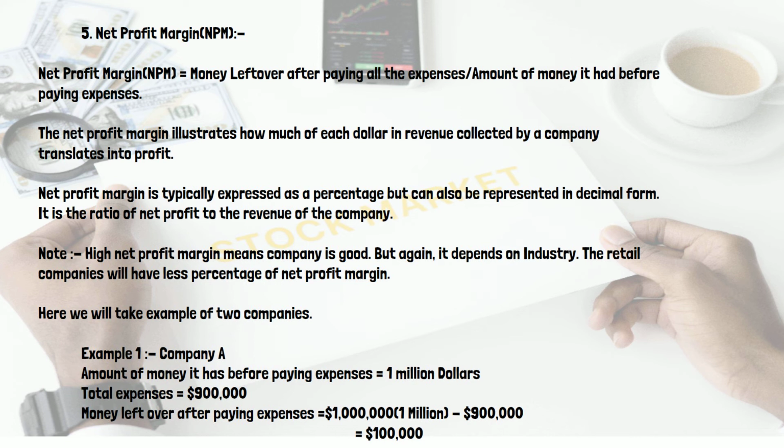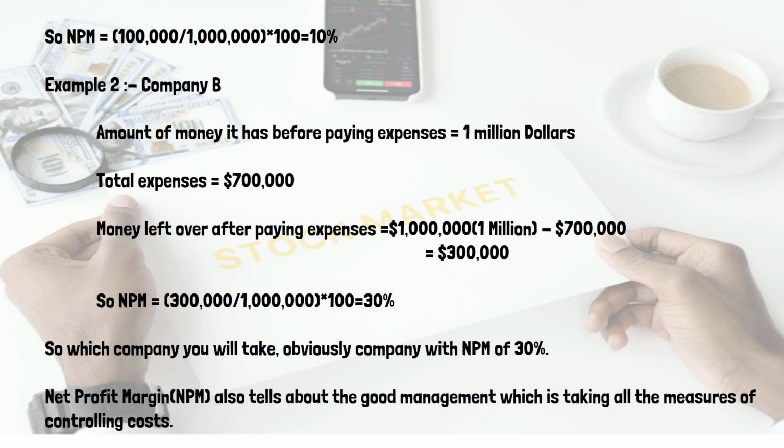Here we will take an example of two companies. Example 1. Company A. The amount of money it has before paying expenses is $1 million. Total expenses is $900,000. Money left over after paying expenses is $1 million minus $900,000, which is $100,000. NPM will be 10%. Example 2.